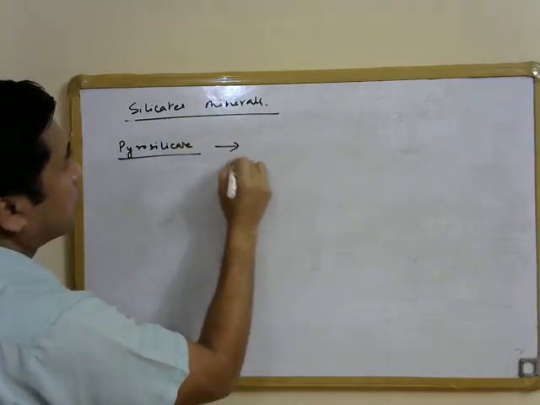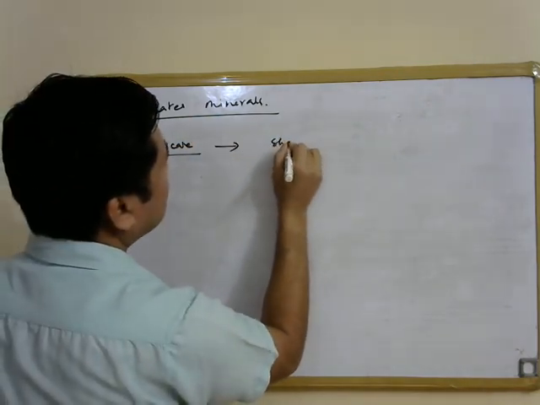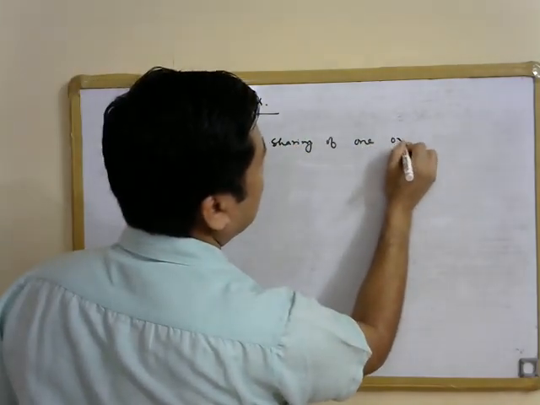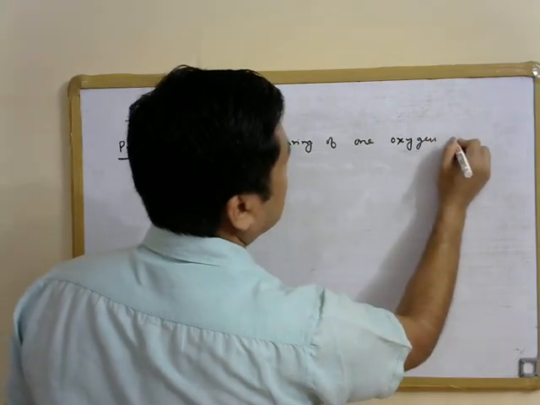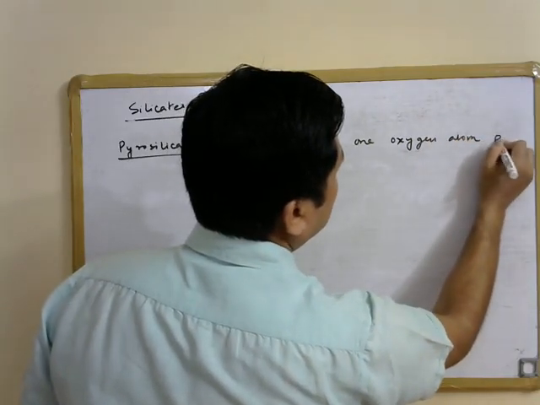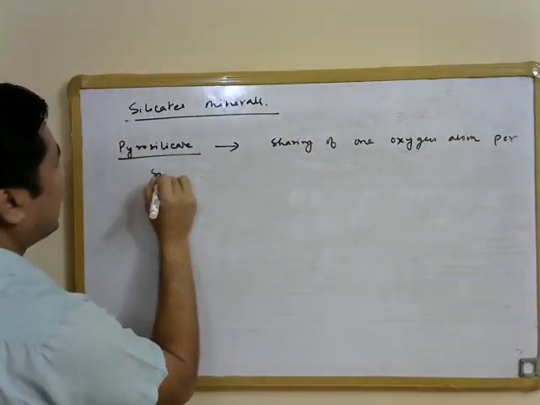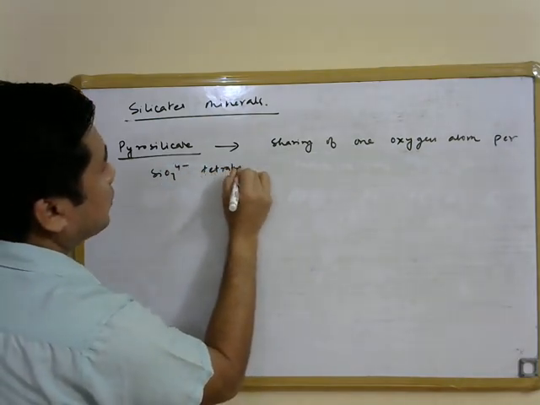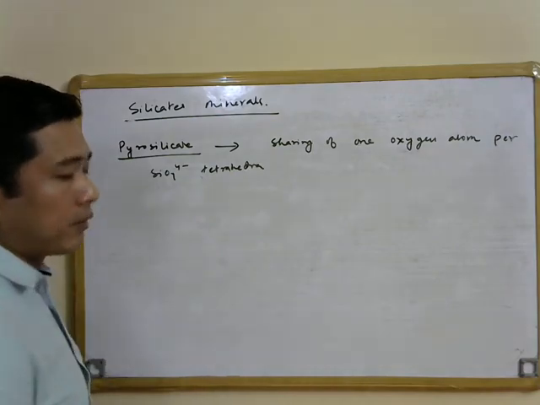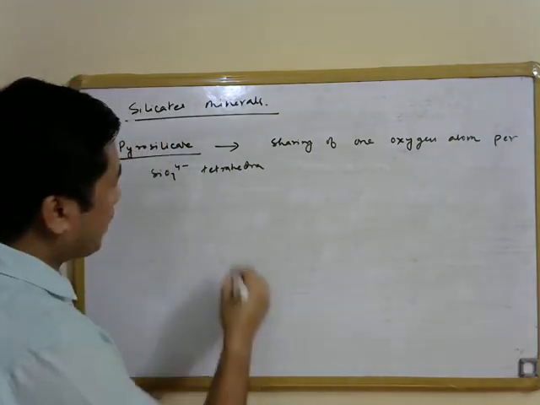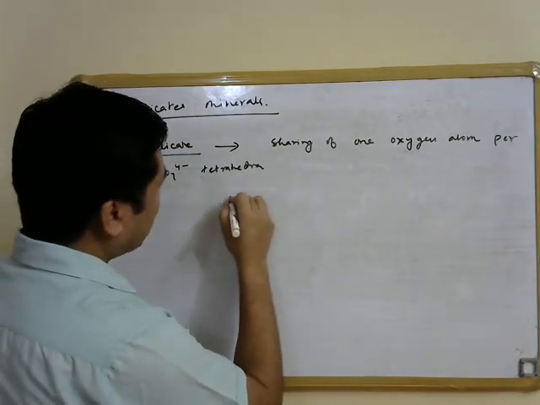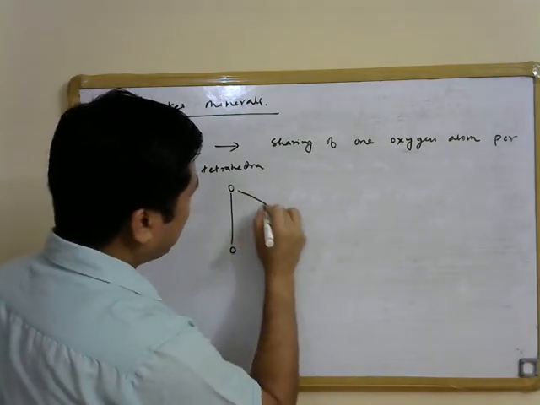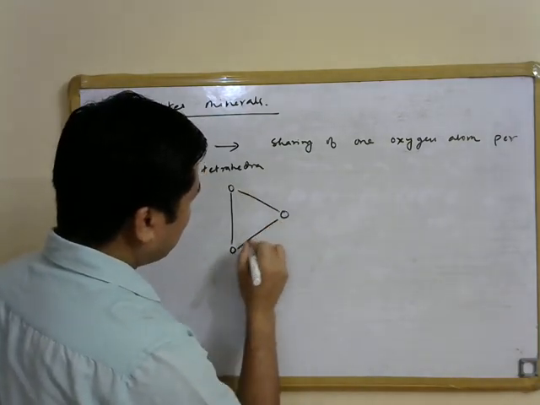It is formed by sharing of one oxygen atom per SiO4 4 negative tetrahedra. We have already drawn this structure earlier, but now we will draw it using the conventional method to draw the structure of silicate minerals. So let us draw.